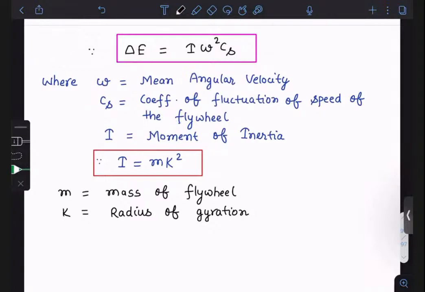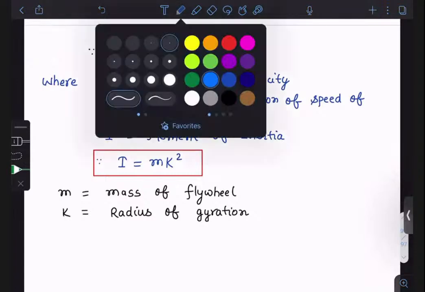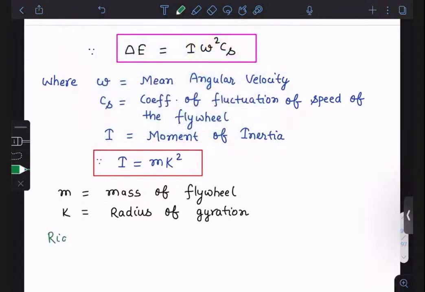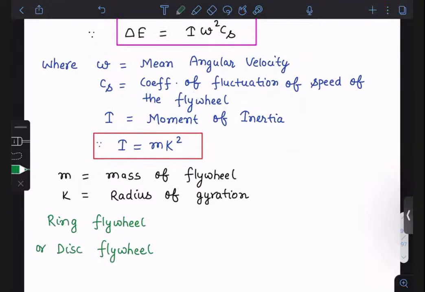Always remember, for a ring type flywheel, I is m r square, and for a disc type flywheel, I is m r square by 2.